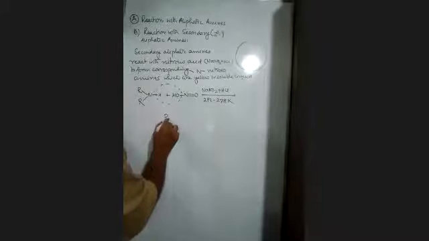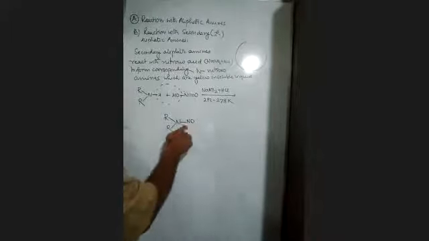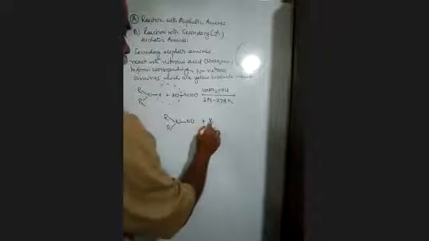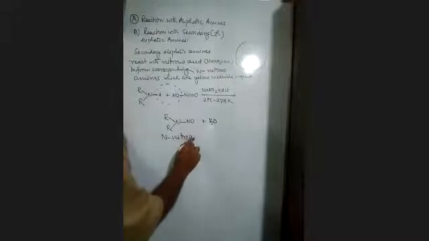See what is going to happen? This group is called nitroso. It's called N-nitroso. This is yellow, insoluble. So at the bottom of the test tube, you are going to get a yellow liquid.